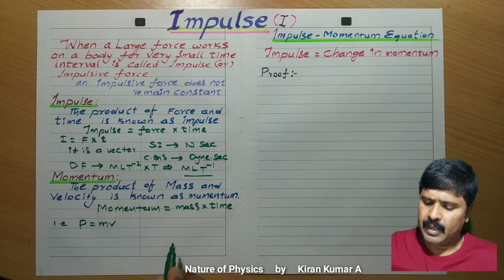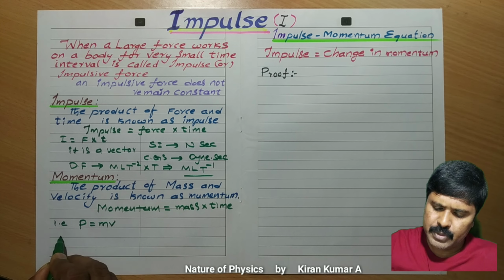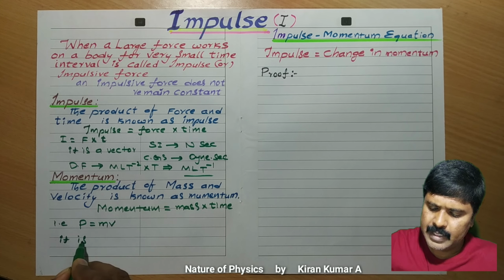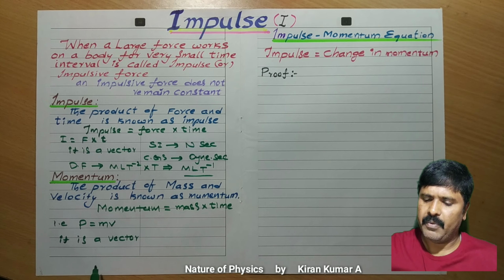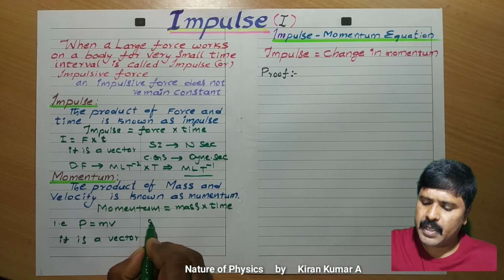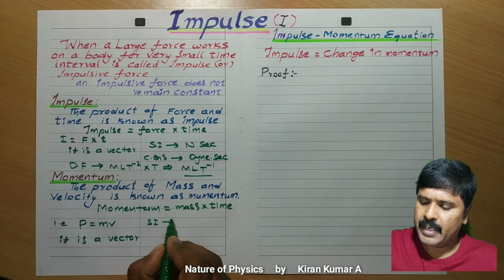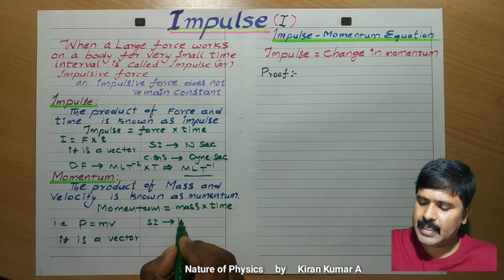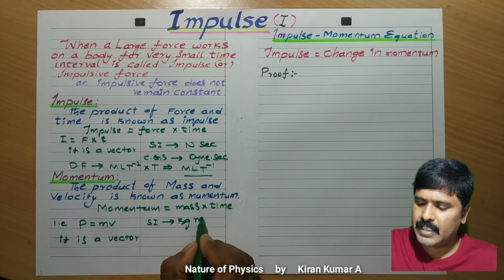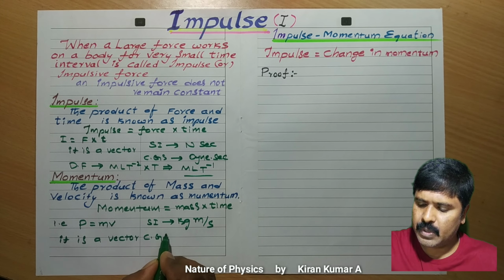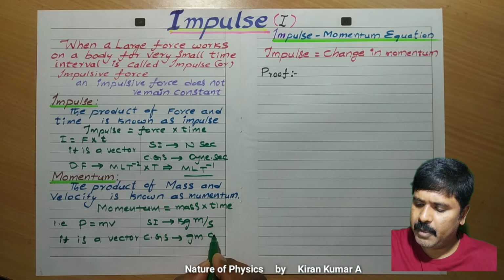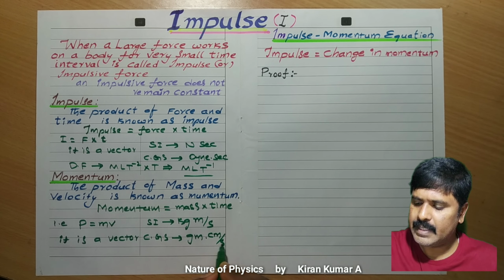Okay, student. Then continuation, it is also a vector. Momentum is a vector. And the SI units of momentum: mass is kg, velocity is meter per second. And next, CGS units are gram centimeter per second.